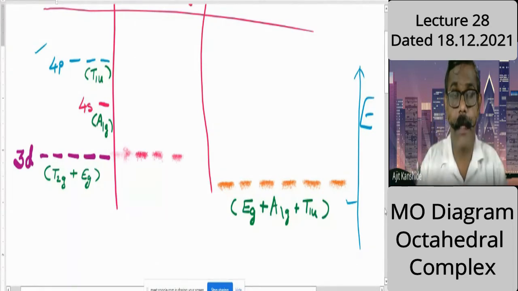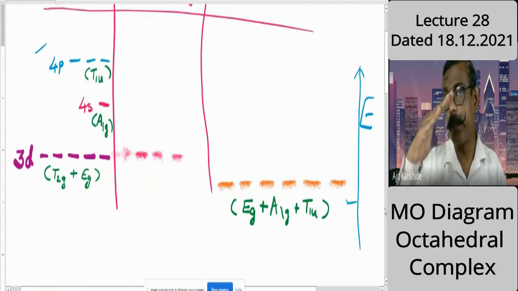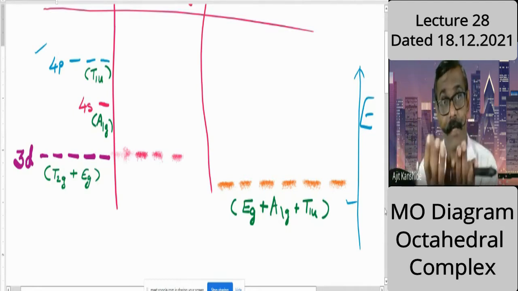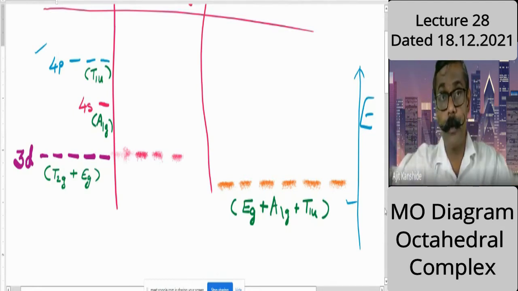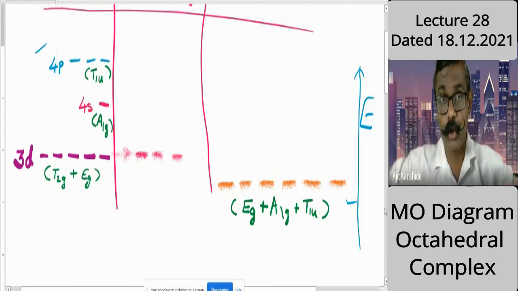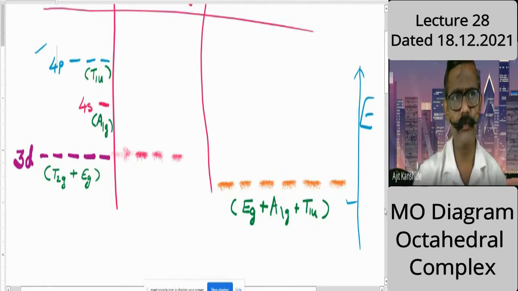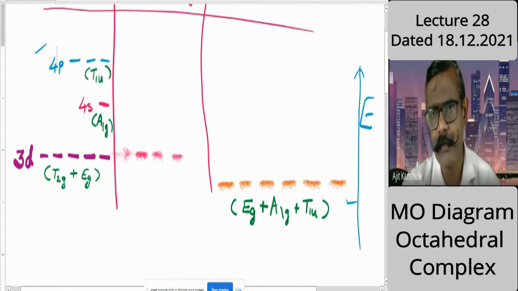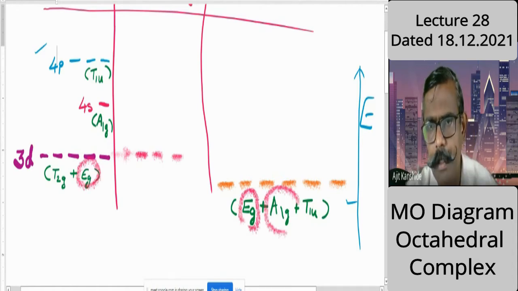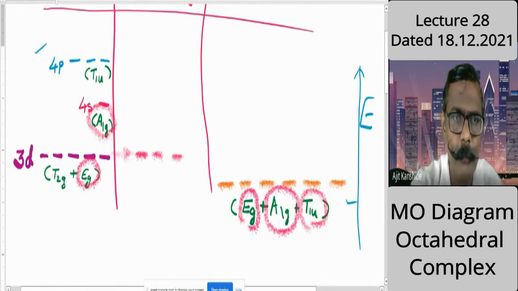So in the metal ion, what happens? 3d levels are there, 4s levels are there, and 4p levels are there. It is a sequence of energy in a metal ion, and the metal ion is the center. From the surroundings along the axis, 6 ligands are coming, and those orbitals are mingling. Those orbitals are interacting. One can easily understand that Eg orbital will combine with Eg, A1g orbital will combine with A1g, T1u orbital will combine with T1u.